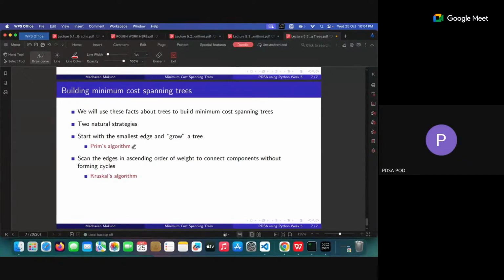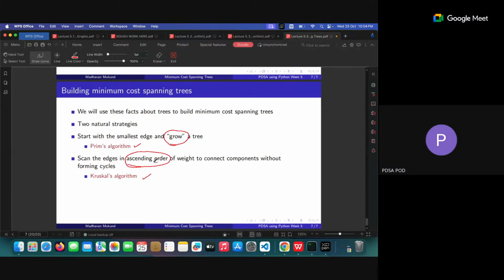That is done through Prim's algorithm and Kruskal's. Prim's algorithm starts with the smallest edge and keeps growing it. This is the approach they use in Prim's. But in Kruskal's, there is an ascending order of edge weights.